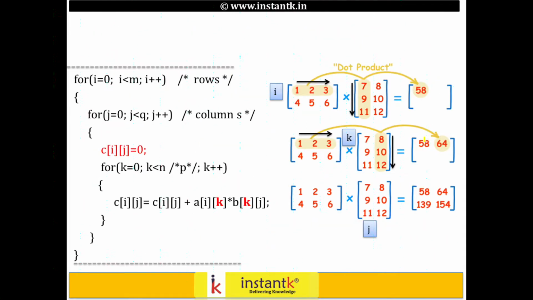So this is the core algorithm. As I said, the whole matrix multiplication program is just less than 10 lines of code. That's what you need to remember by heart to take to your exam. Just 10 lines of code.